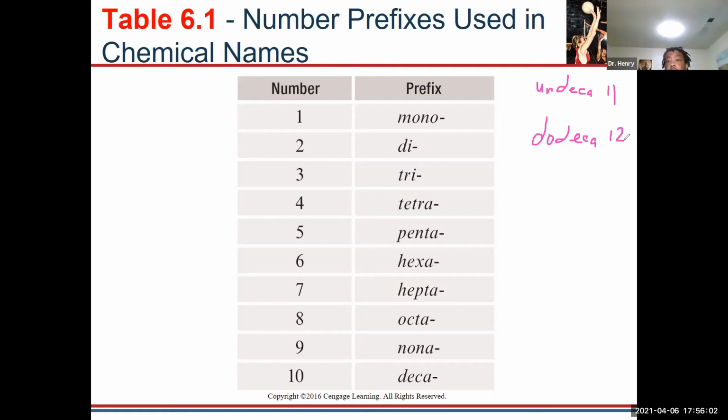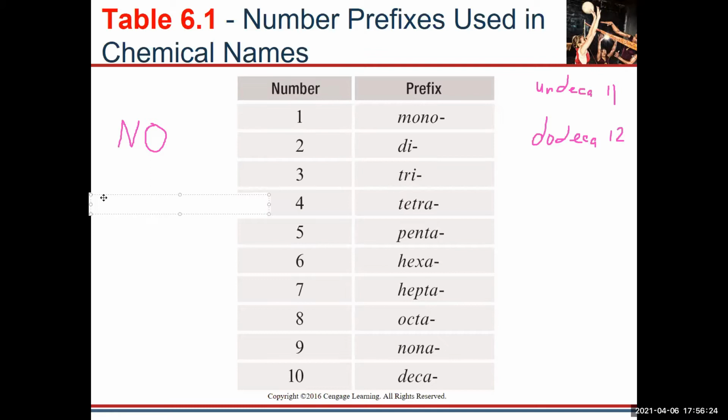When we're talking about covalent bonds, we want to use the prefixes. So if I have NO, what am I going to call that? I'm not going to call it nitrous.